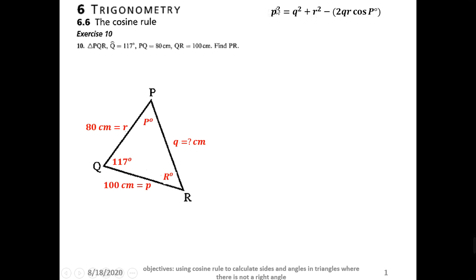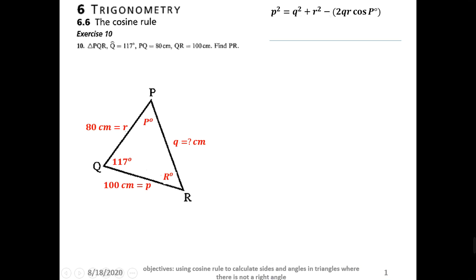Cosine of the angle of the side that you are trying to find. You started with side P, so it's cosine P. Everything else is squeezed in between like a sandwich.